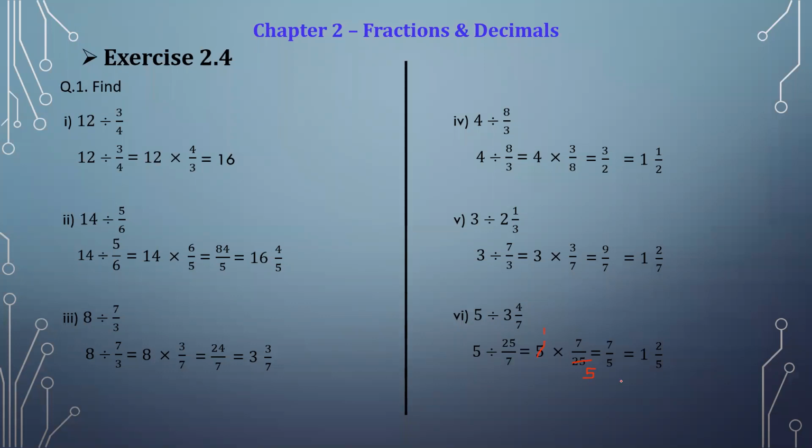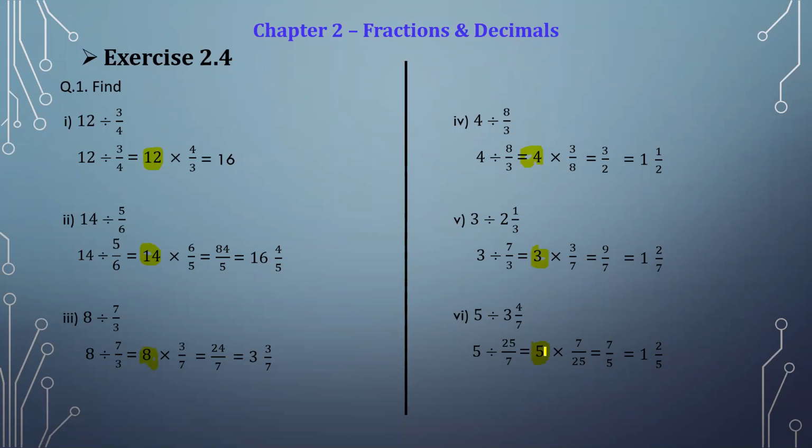So in this way you can solve the division of fractional numbers. Just remember, while performing the division, the first number is going to remain unchanged. Every time you have to keep that first number as it is. You can see that in the first example, second example, third example, fourth example, fifth example. In all the cases, we have kept the first number as it is.